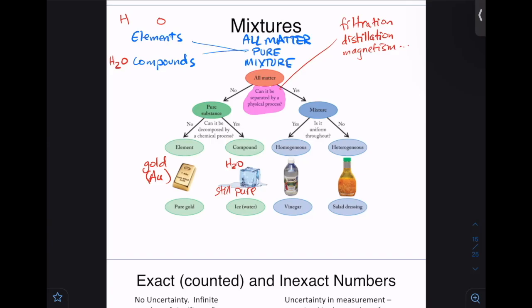What matters is that they retain their same physical and chemical properties. Once again, I refer you to the video content to understand what we mean by physical and chemical properties and what the difference is.